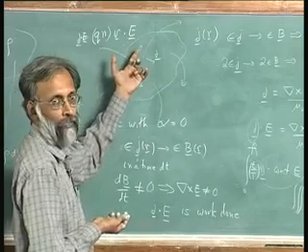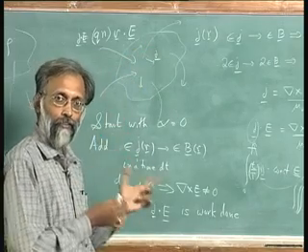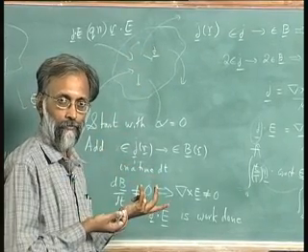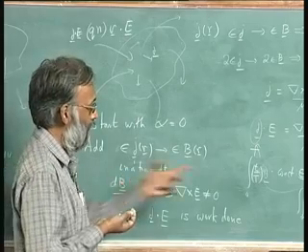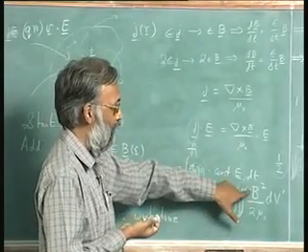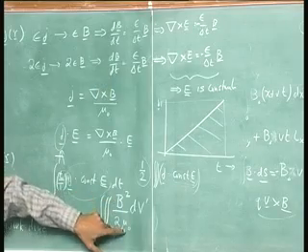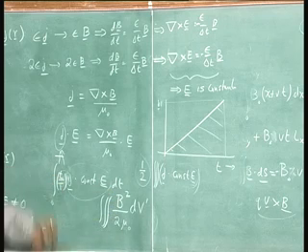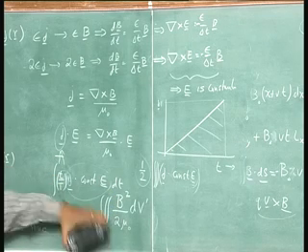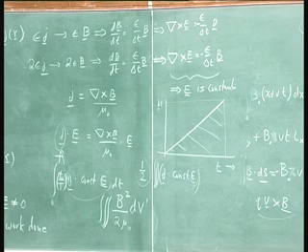The induced EMF does work on the very current that you are trying to increase, and therefore you end up doing work which is reflected in stored magnetic energy. This is the basic principle of inductance.